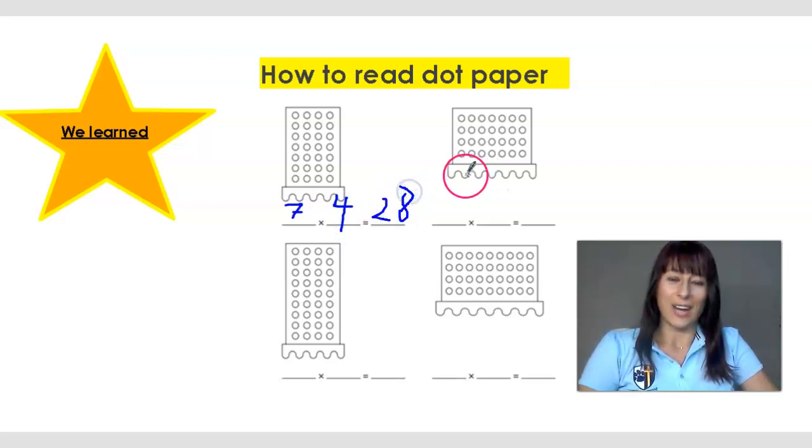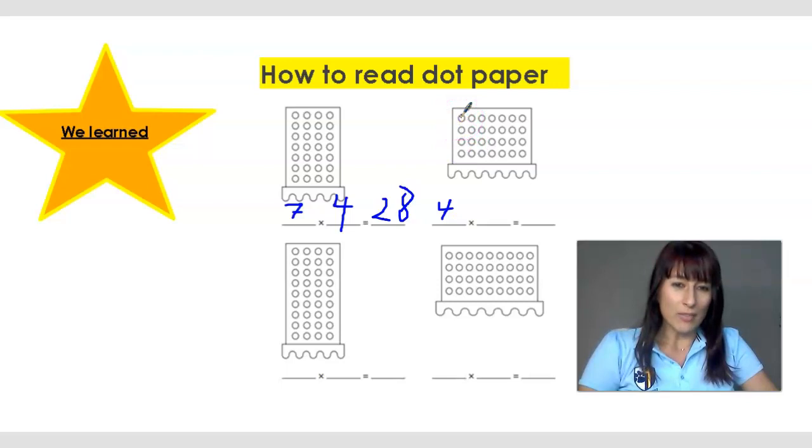So I'm going to put 7 multiplied by 4 equals 28. Great. Now I'm going to look at this other dot paper. Here I can see again that I'm going to begin counting with the groups. And I can see here that I have 4 groups. Count carefully, okay? Don't count fast because you could make a mistake if you miscount. And now the second number that goes here is the number in each group.